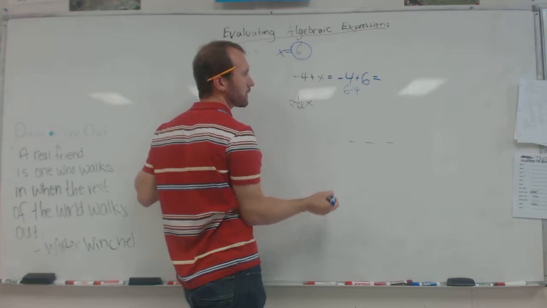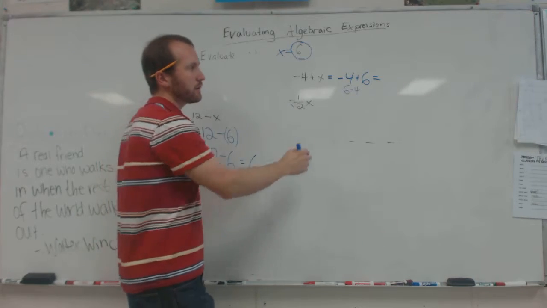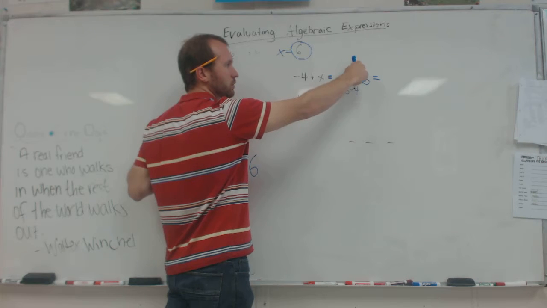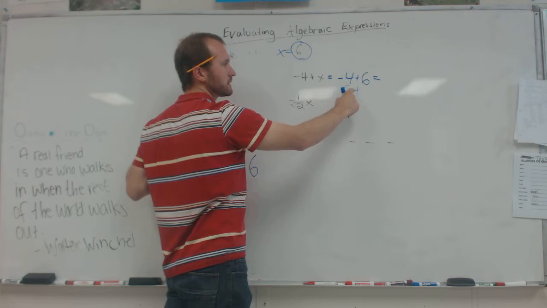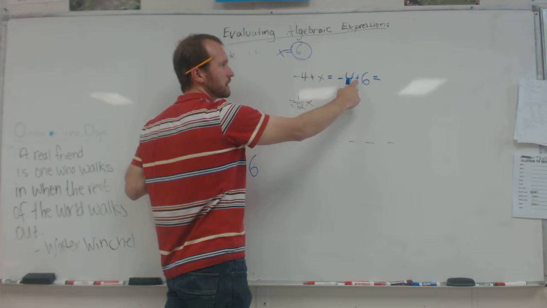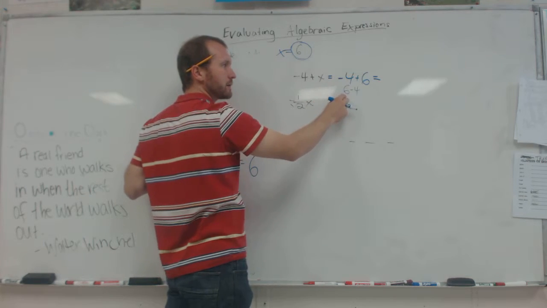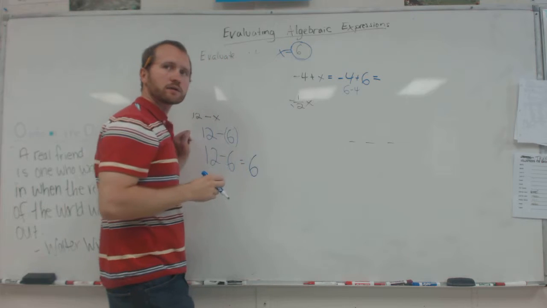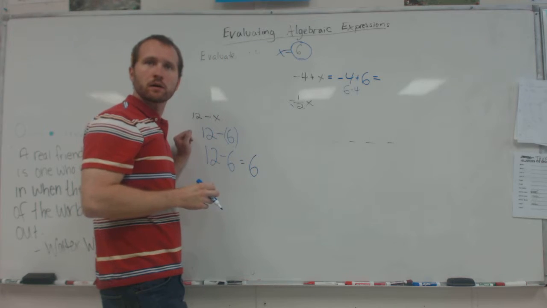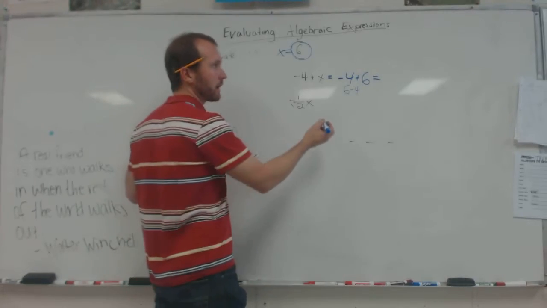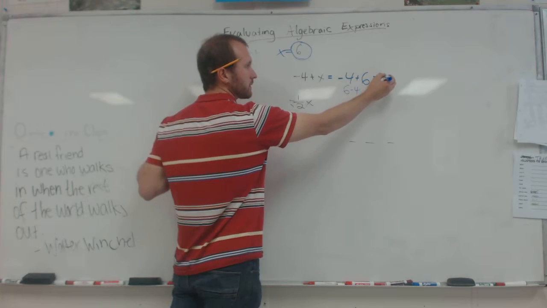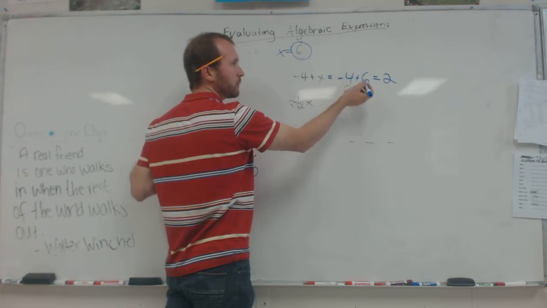Flip it around: positive 6 plus -4, instead of -4 plus 6. I can flip that around. 6 minus 4. So what does that equal? 6 minus 4. This is equal to this. So this is 2.